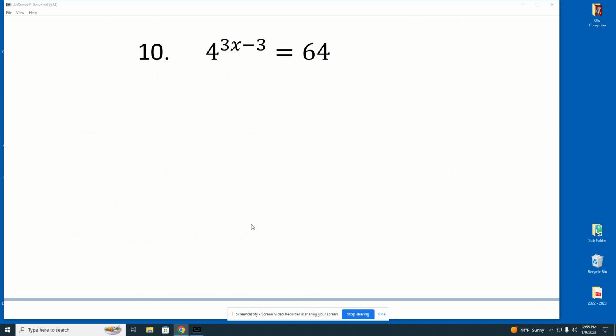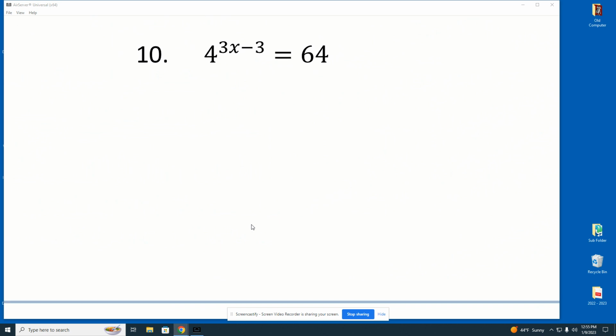Okay, last one. Again, it's about as hard as it's going to get on the quiz, except for the bonus. And it's not even that hard because you don't even have to change both of them, do you? You can make 64 have a base of 4, right? 4 times 4 is 16 times 4. There it is. So we can change 64 to have base 4 to what power?